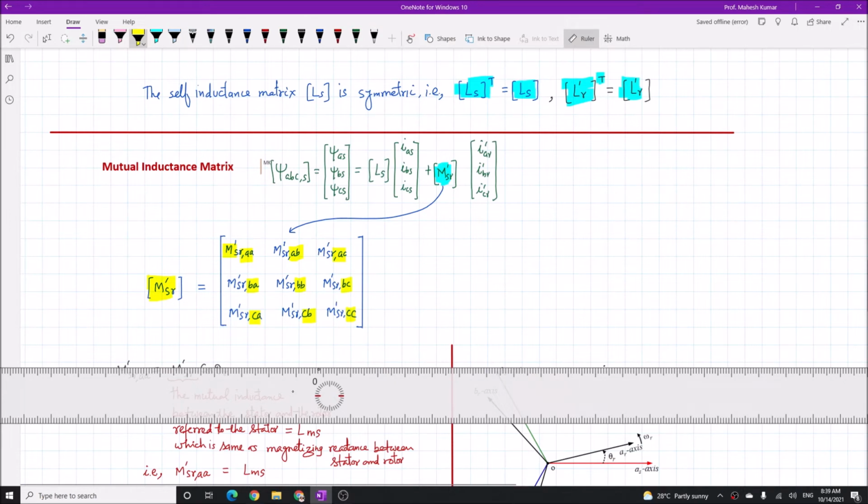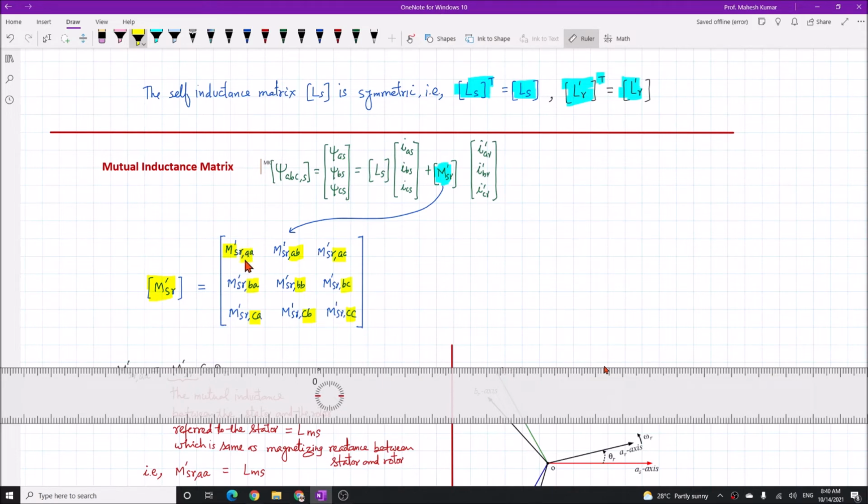Now we need to find these values by observing the orientation of the winding to which the flux linkages are to be computed. For example, MSR-AA.